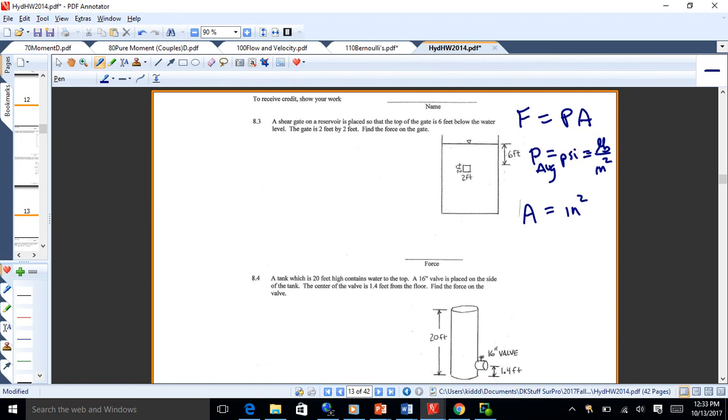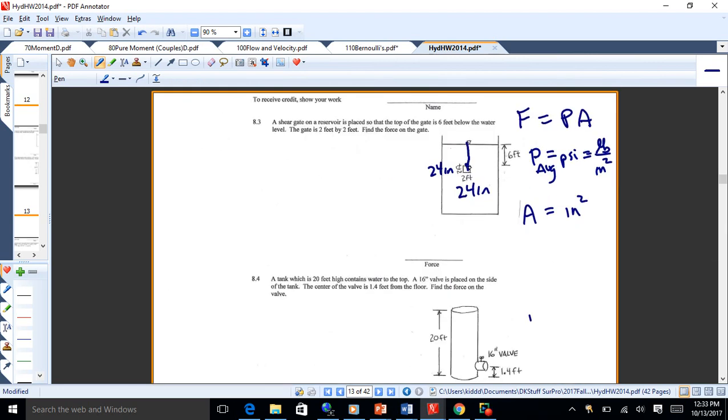I also want to find the area in square inches. So for instance, on this one here, I got 24 inches for 2 feet and 24 inches. So 2 feet by 2 feet is 24 inches by 24 inches. That's going to get me an area in square inches, which is what I want. And then I'm going to want the average depth on that.